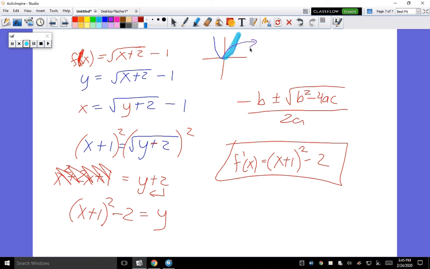But if you are given first the square root piece, remember that already passes the horizontal line test. There aren't going to be any domain restrictions. Its inverse is just going to be that one right here. Go with me? But when you are doing it mathematically, this other part will appear, but it still passes the vertical line test.